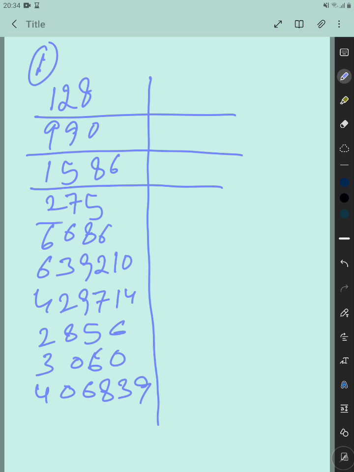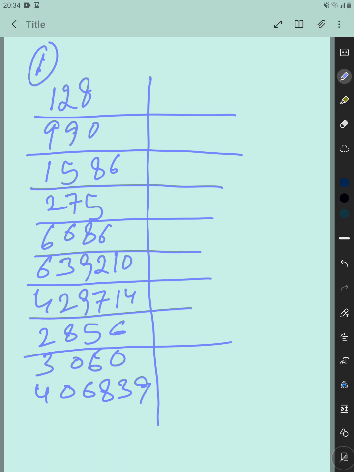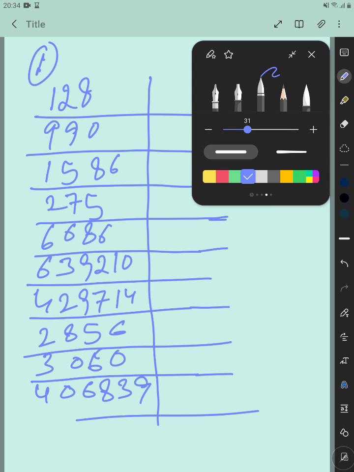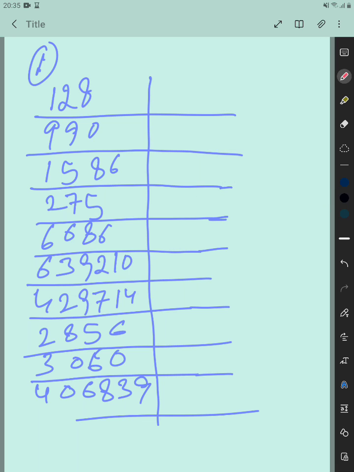We have drawn a line also, and we'll write whether it is divisible by the numbers or not by writing yes or no. It will be a longer question, and we will erase in this table itself, but you need not erase in yours.